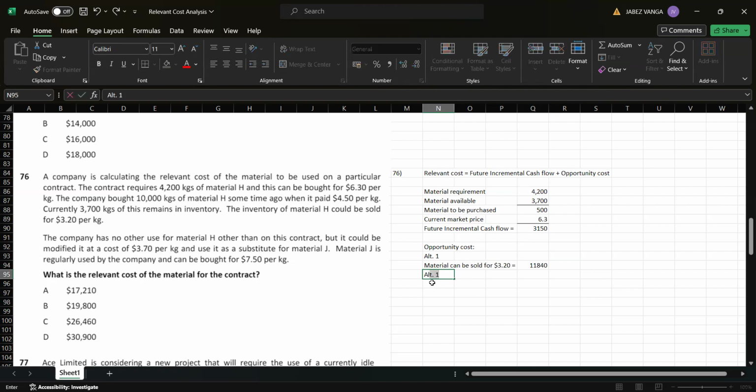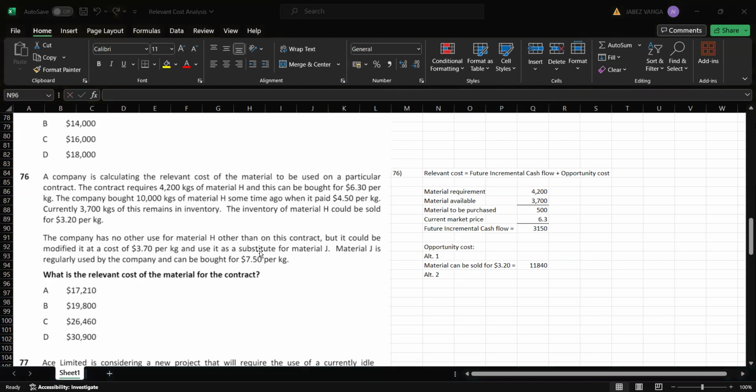Alternative 2. Let's write what is alternative 2. That this material can be used as a substitute for material J. By using it as a substitute for material J, it need not be purchased, which is right now available at a cost of 7.50.